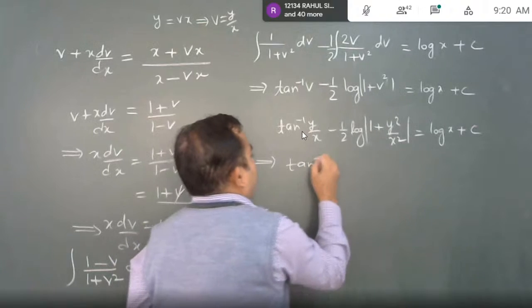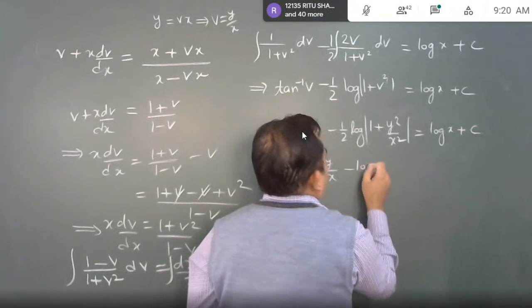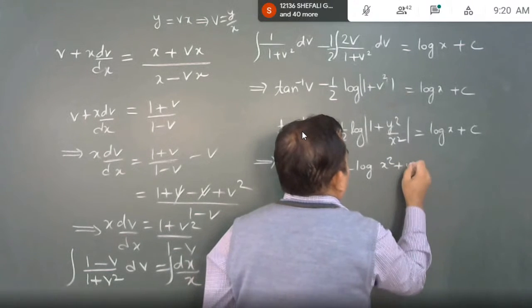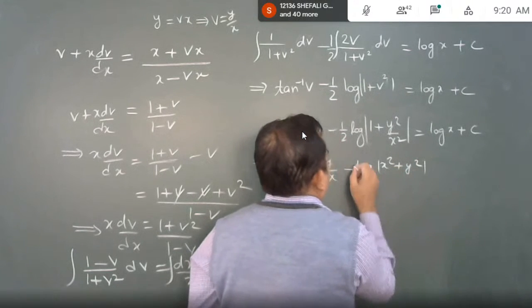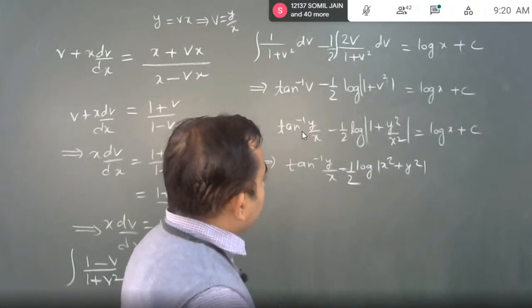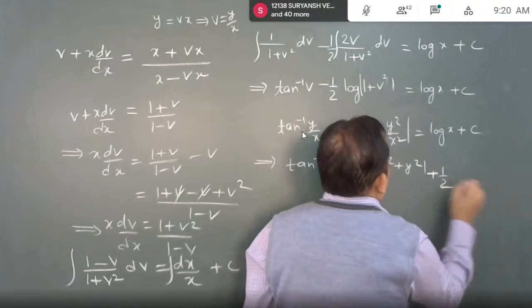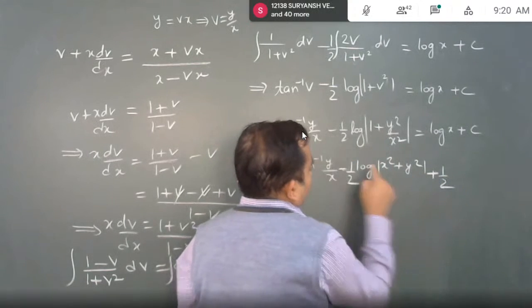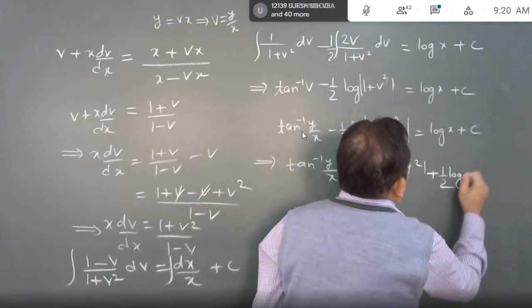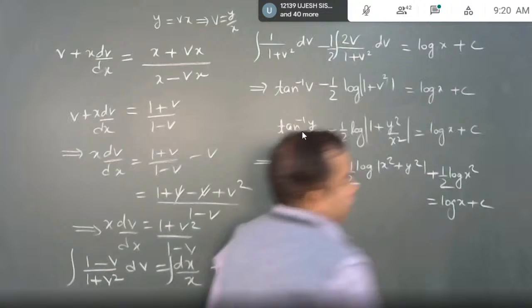So it will become tan inverse y upon x minus half log x square plus y square, and here log a minus log b is log a upon b, that I am going to do. So minus minus plus half, because outside it was minus sign, so plus half log x square equal to log x plus c, right?